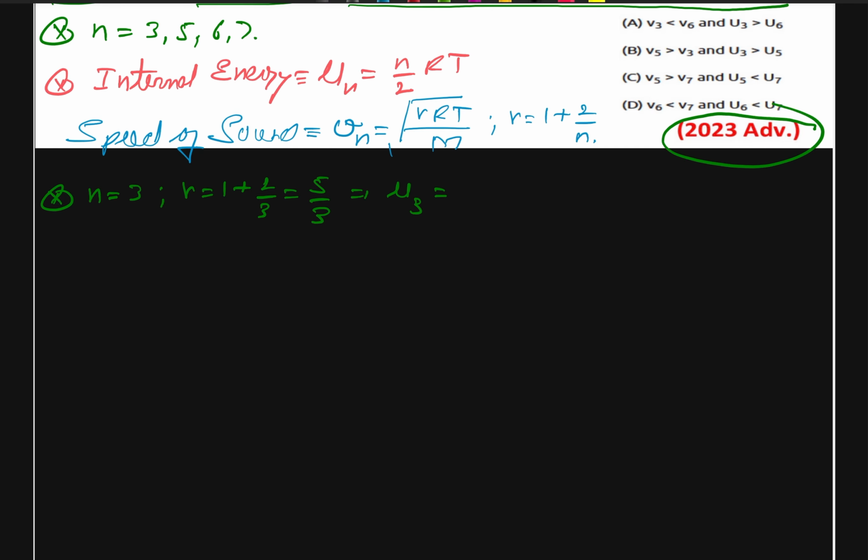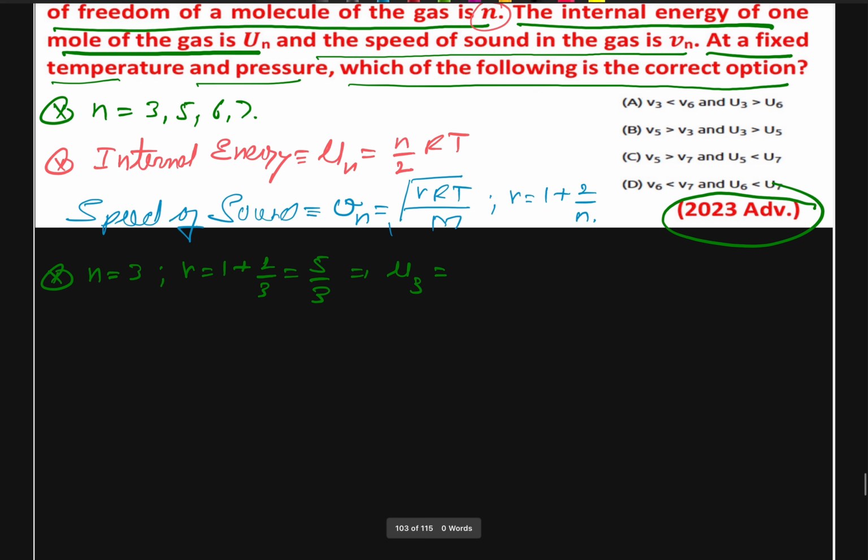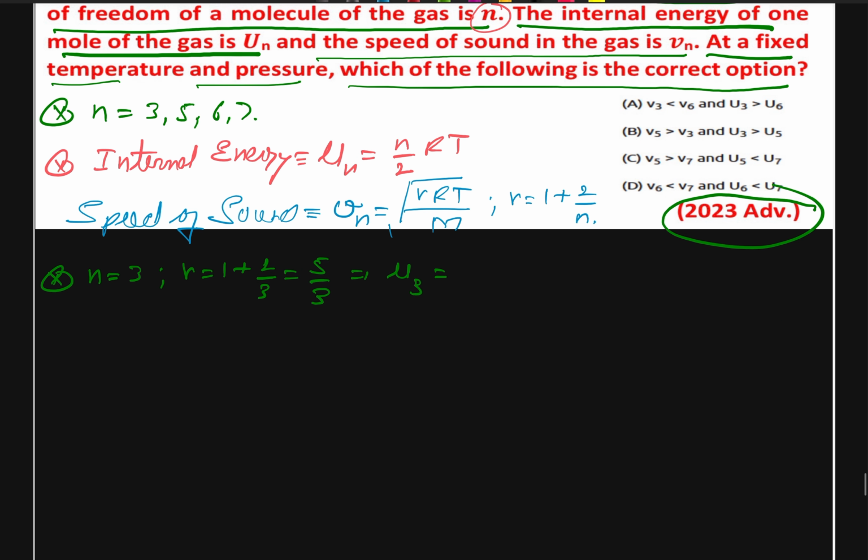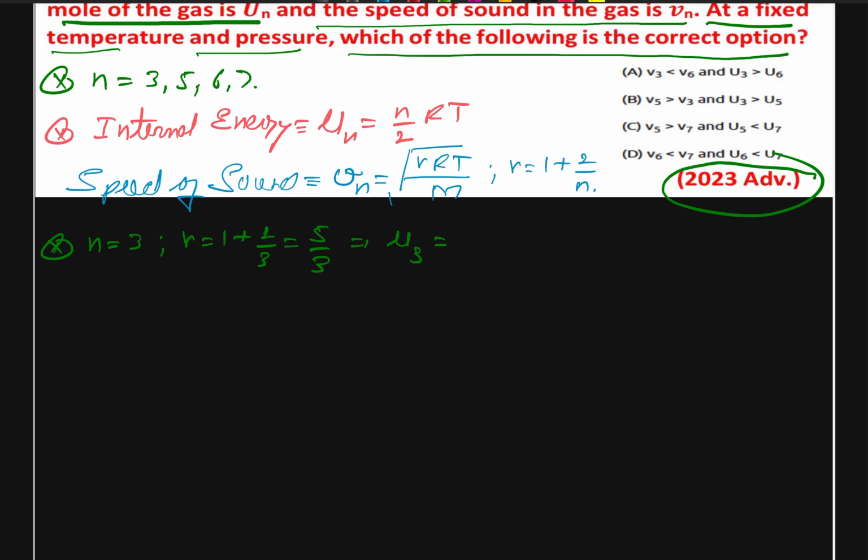At a fixed temperature and pressure, therefore, we can write that our U_3 is equal to 3 by 2 times RT.